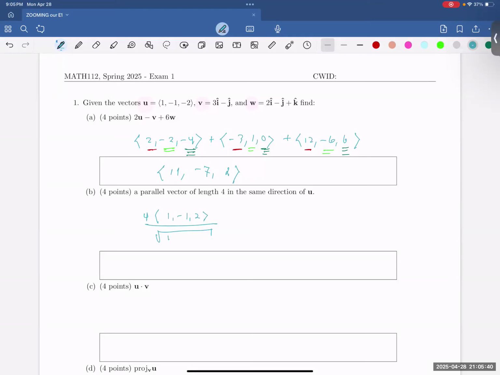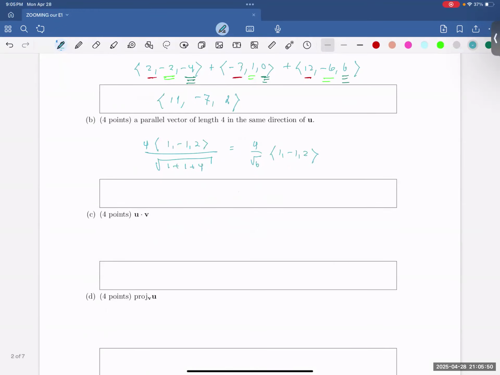Length of u is root of 1 plus 1 plus 4. And this is 4 over root 6 times 1, -1, 2. That works, or you can multiply the scalar in, make it 4 over root 6, -4 over root 6, and 8 over root 6. But again, either of these should work.